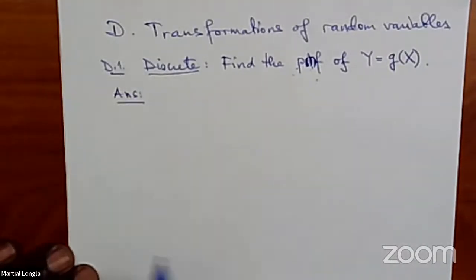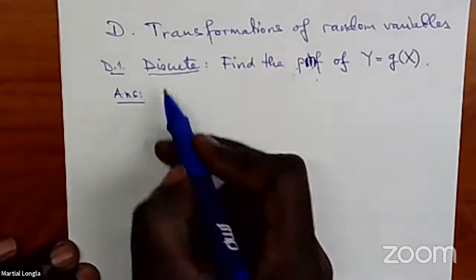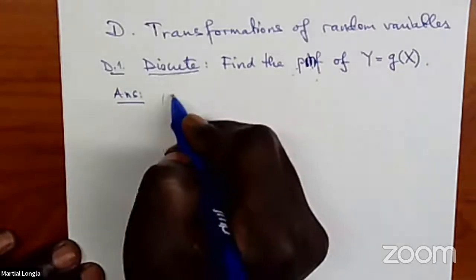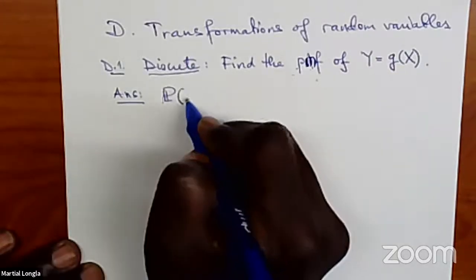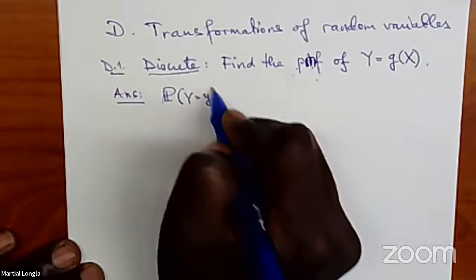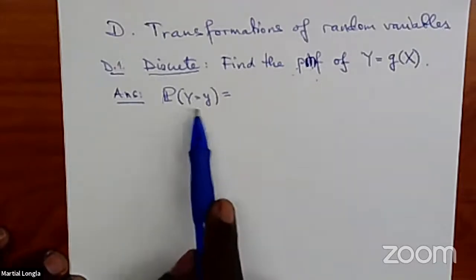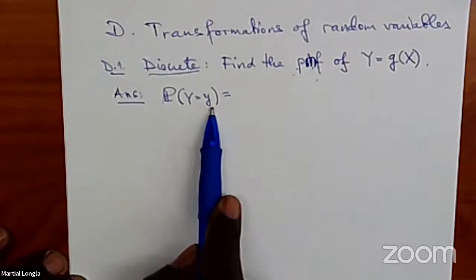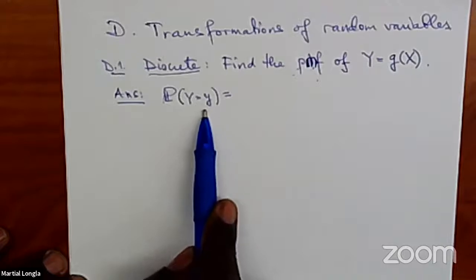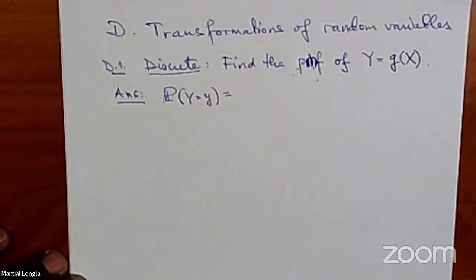What you do is, probability that y is equal to little y. To find the PMF of a random variable, you have to find the value of the probability for each of the possible values.